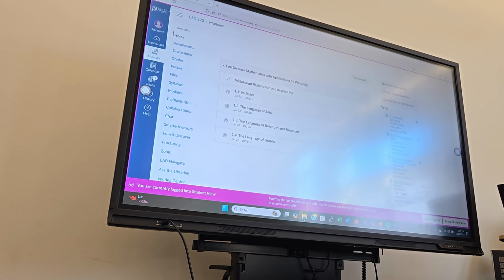I'm working on trying to integrate it with Canvas. I'm more familiar with Canvas, but the integration process has not been going smoothly for me. We'll work that out as we go along.